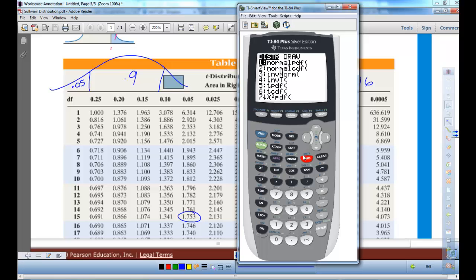That makes sense because if the area to the left is 0.05, it would have to be over here on the left side. I would go with the negative. Okay, the way this table was set up, they don't have the plus and minus values. In fact, T tables usually don't. You have to depend on the way that the picture looks.